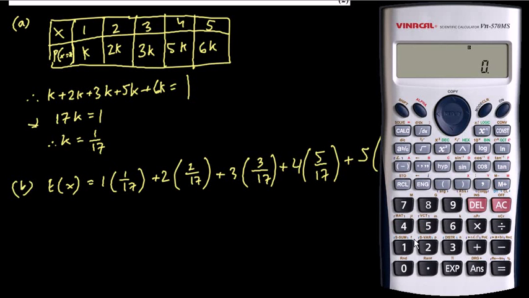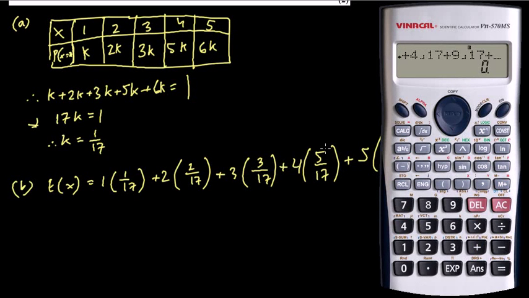So 1 into 1 by 17 is 1 by 17, plus 2 into 2 by 17 is 4 by 17. So instead of writing 2 into 2 by 17, just write 4 by 17. Plus 3 into 3 by 17 is 9 by 17.